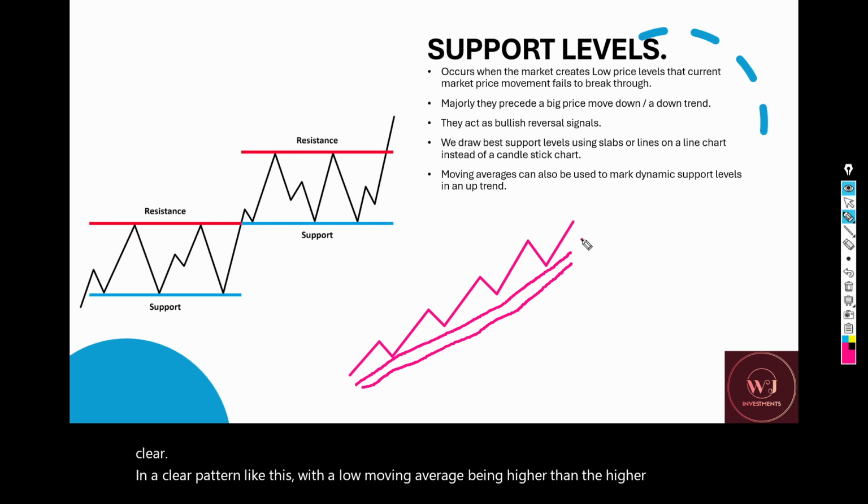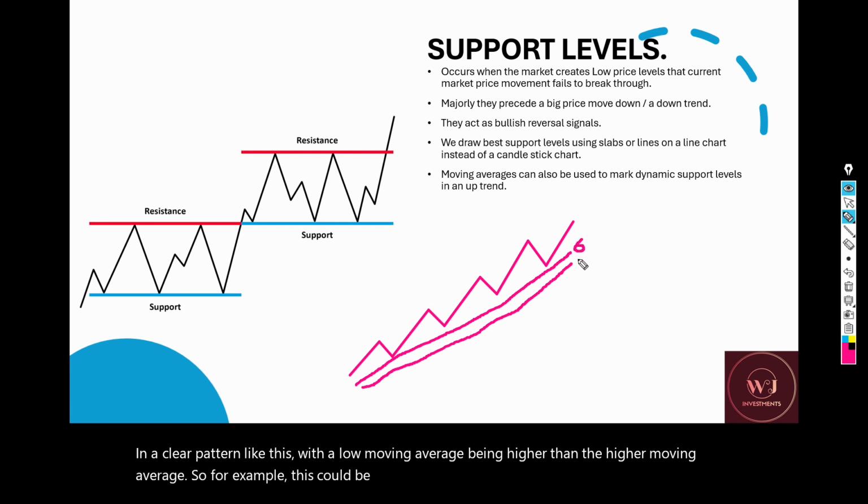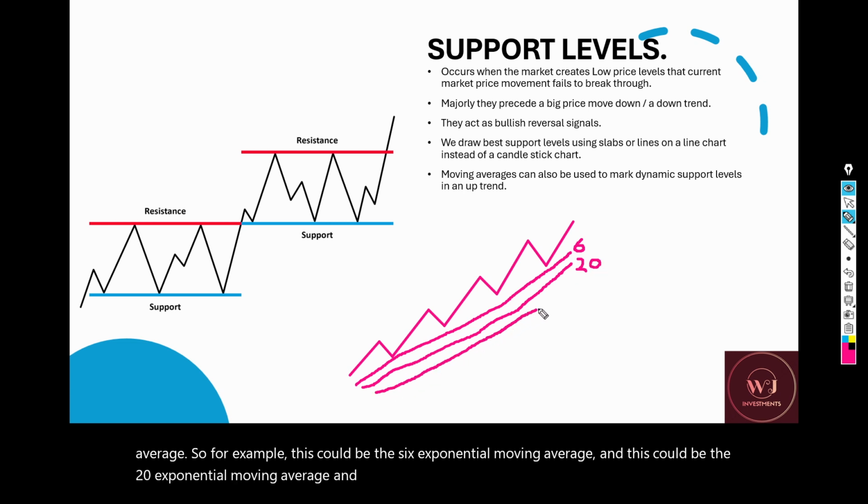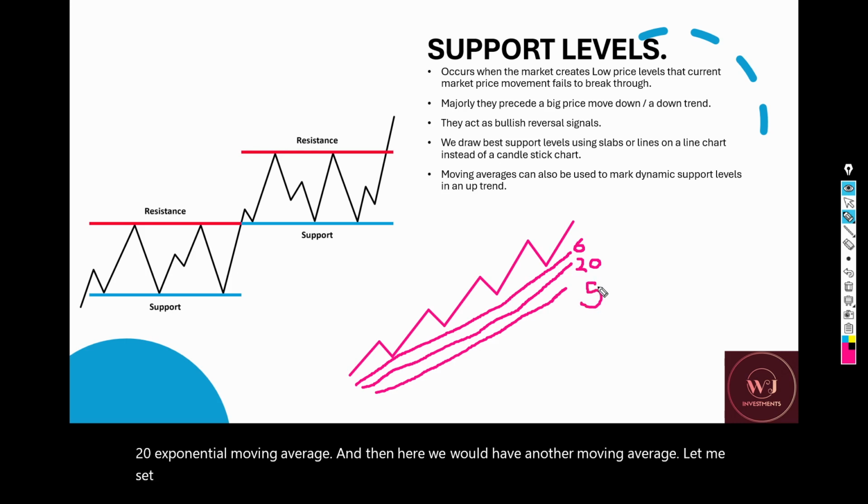So for example, this could be the 6 exponential moving average, and this could be the 20 exponential moving average. And then here we would have another moving average. Let me say the 50 exponential moving average.